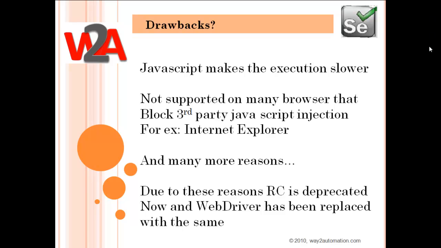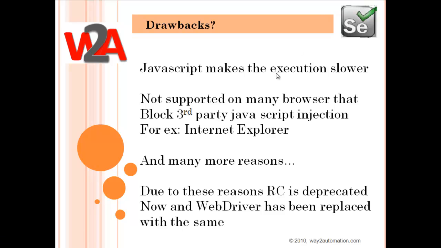Now there are some drawbacks of this JavaScript. One drawback is that JavaScript makes the execution slower, right? And JavaScript is not supported on many browsers, which block third-party JavaScript injection.